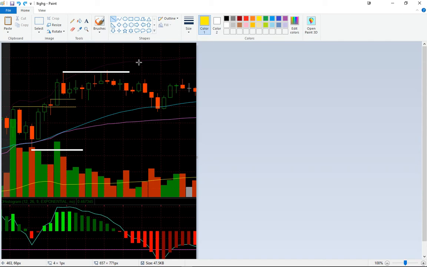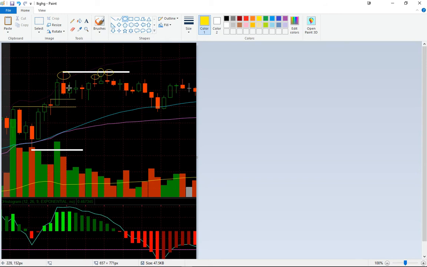Now, what you've got to pay attention to is you've got a lot of quick wicks here. Quick wicks are where the price has gone up and then ran back down very quickly.